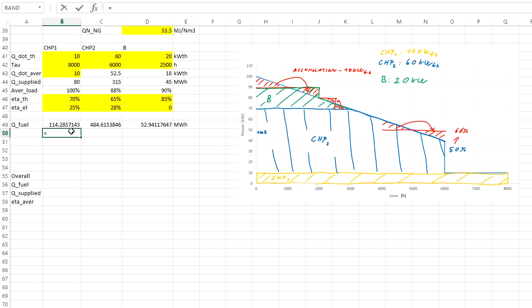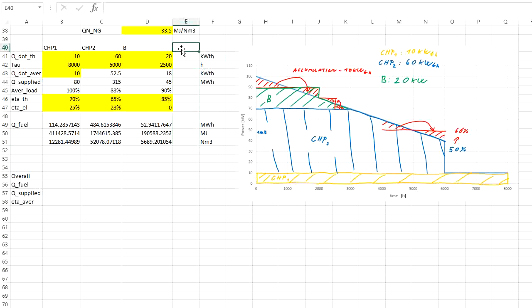So first let's have the megajoules. Or normal cubic meters as megajoules divided by the volumetric heating value. And let's also have the total values. Let's put it as the last column in here.